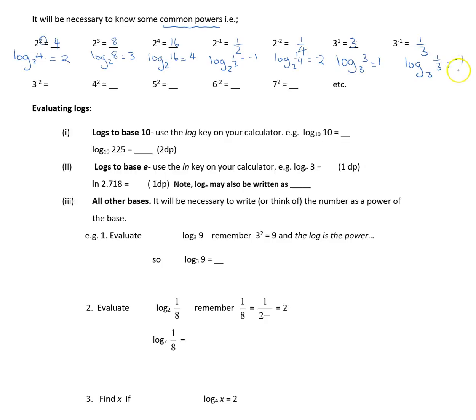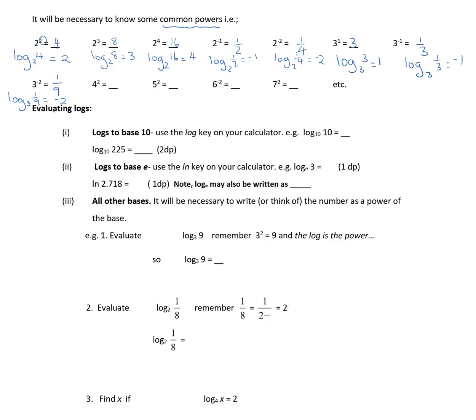We know our answer is minus 1. 3 to the minus 2 is 1 over 3 squared, which is 1 on 9. Now, that might be a number that you wouldn't necessarily associate to base 3, but the log of 1 on 9 to base 3 is negative 2.